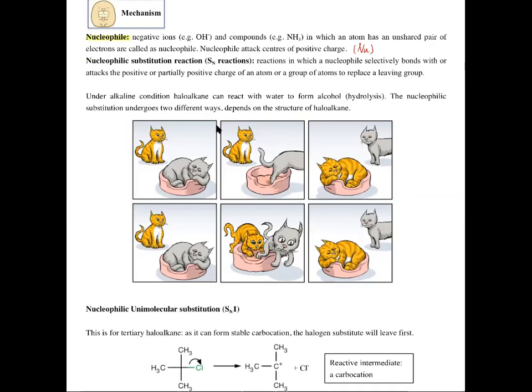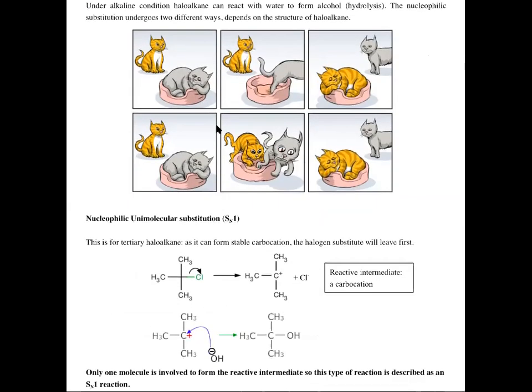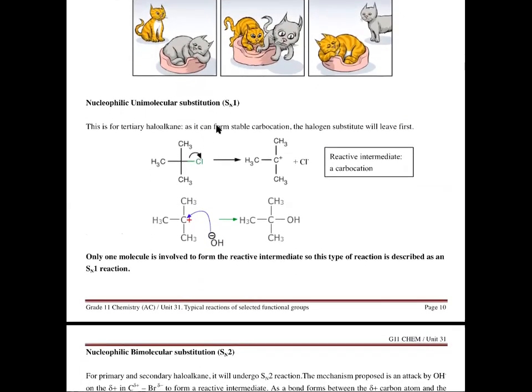So let's take a look at the SN1 reaction first. For SN1, this mechanism is taken by tertiary haloalkane. What's going to happen is the leaving group will leave first, and it leaves behind this reactive intermediate, which is a carbocation.